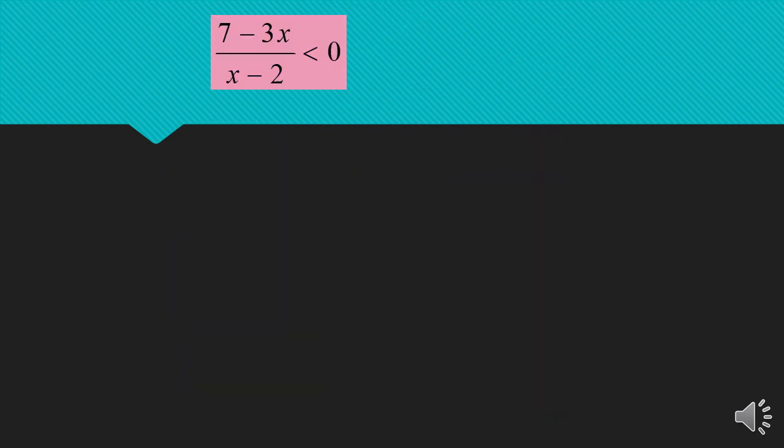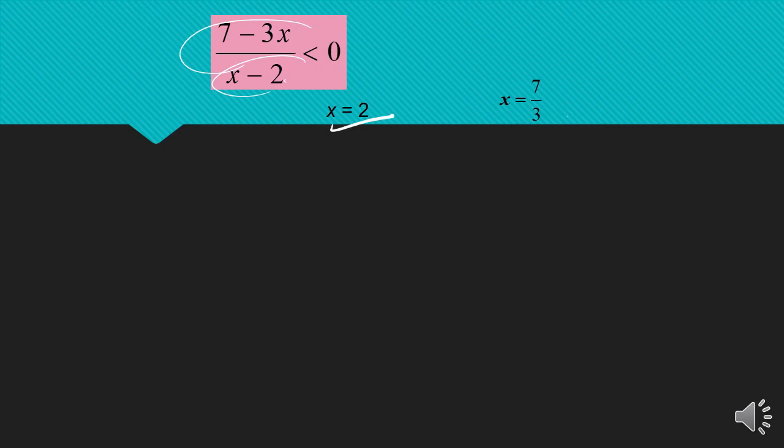So the left hand side is 7 minus 3x over x minus 2 less than 0. So because we have the root x equal to 2 for the denominator, the numerator will have x equal to 7 over 3. Okay, so we have these two values on the number line, 2 on the left side, 7 over 3 on the right hand side.